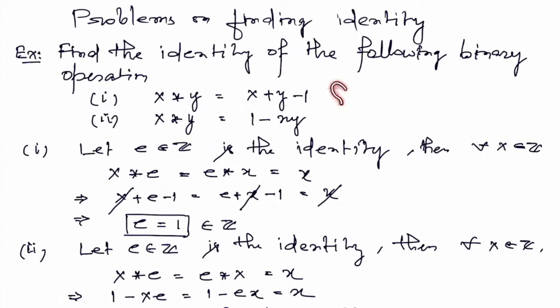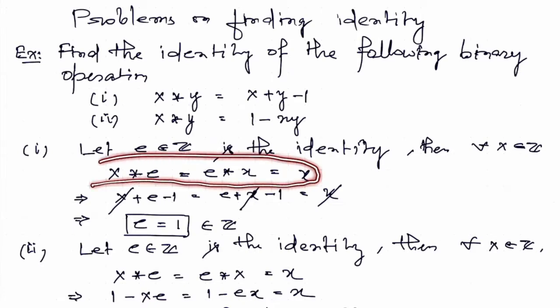So we have two binary operations here, both we have already seen and we will see later as well. In the first binary operation, x star y is x plus y minus 1, and in the second binary operation, x star y is 1 minus xy. In order to find its identity, let E be an element in Z and consider it is the identity, and now we will use its property.